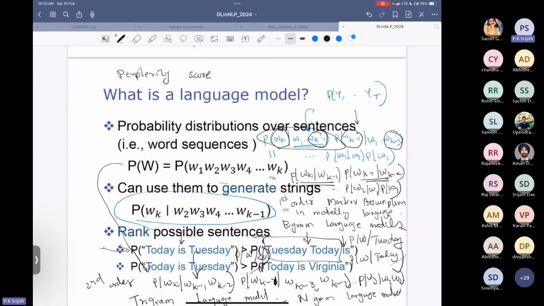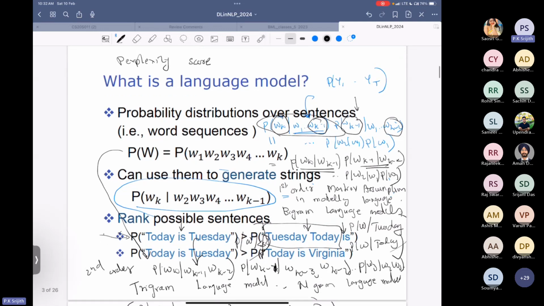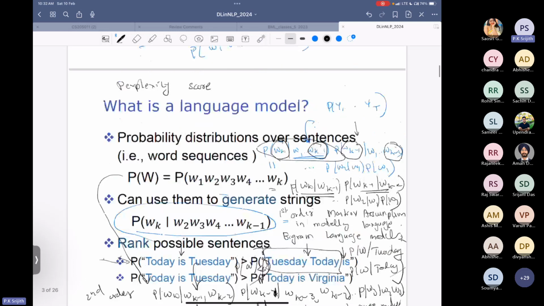Okay. So the issue with simply computing this probability as a conditional: the probability of W1 to WK as P of W2 given W1, P of W3 given W2, up to P of WK given WK minus 1.